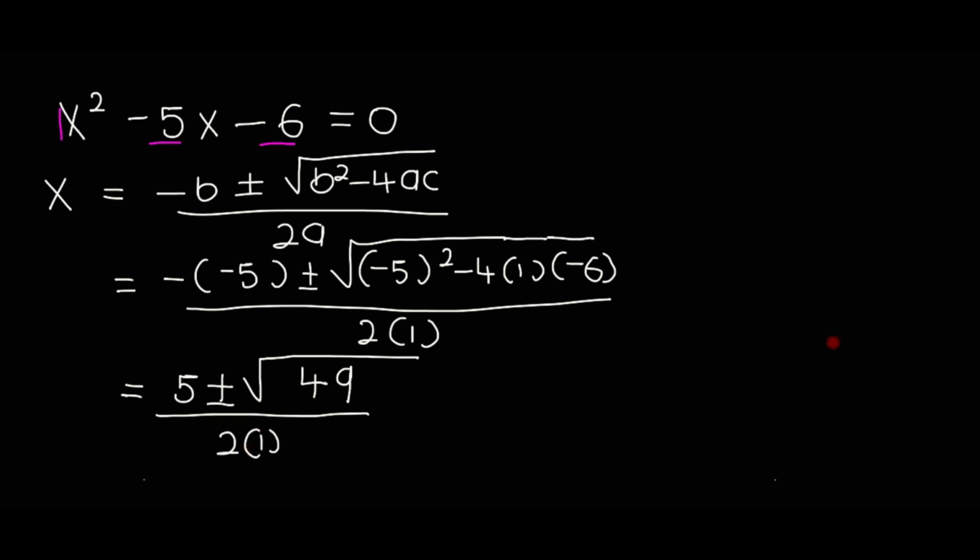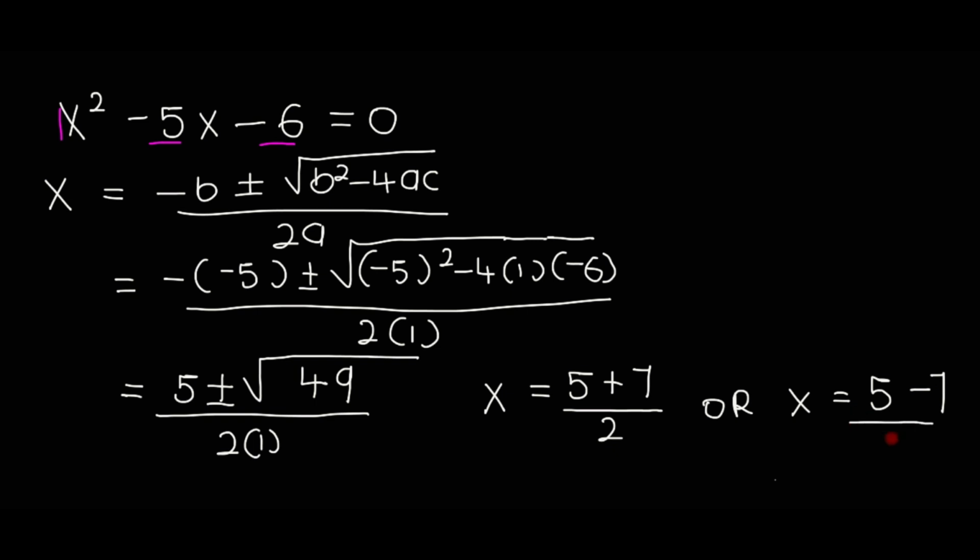So let's see now what our answer is. We have x equal to 5 plus the square root of 49 which is 7, so we have 5 plus 7 over 2, or x equal to 5 minus 7 over 2.